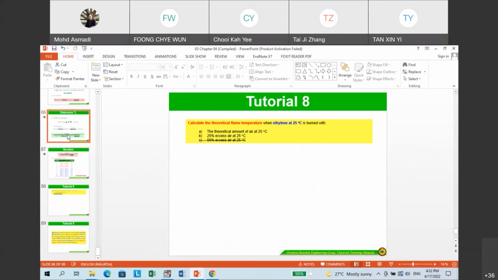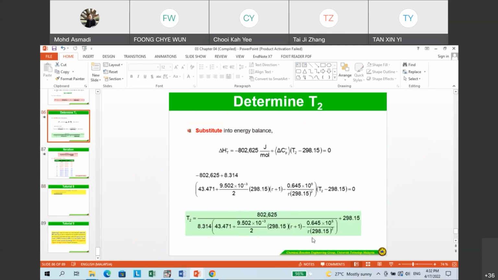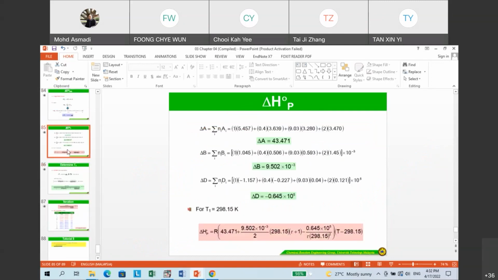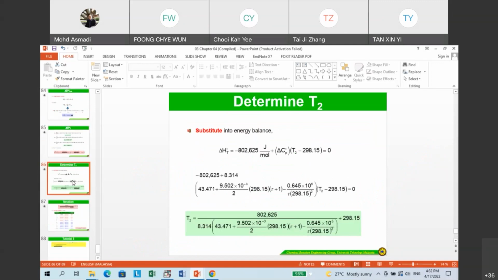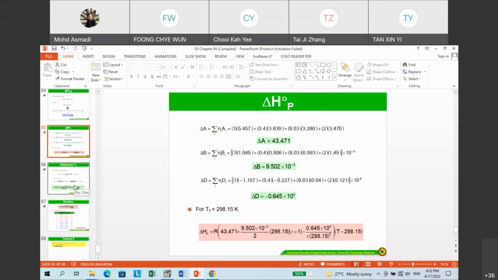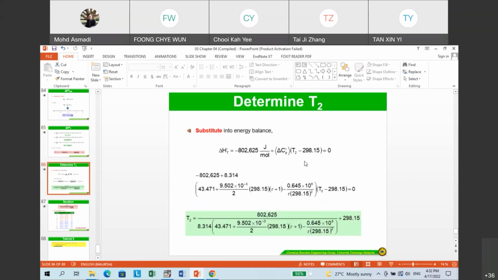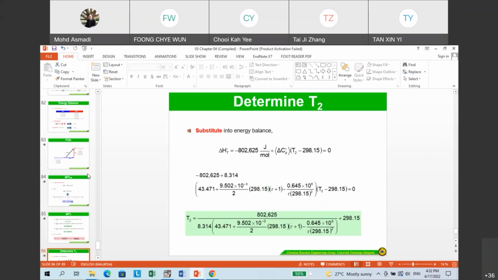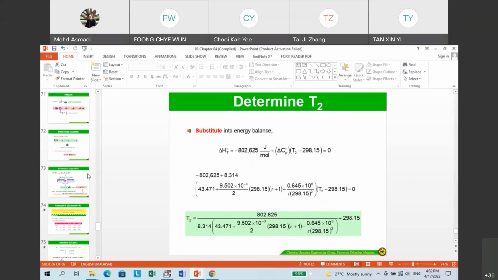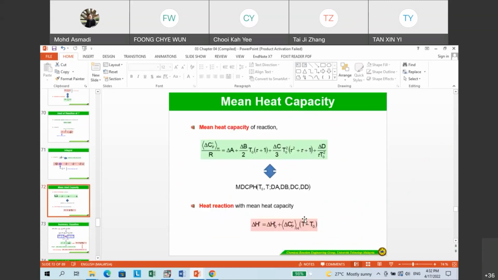Or you want to iterate like this, also possible. You have to rearrange in terms of T2 by using mean heat capacity. I think using mean heat capacity is much easier, because if you look here, you already have T minus T naught separated.